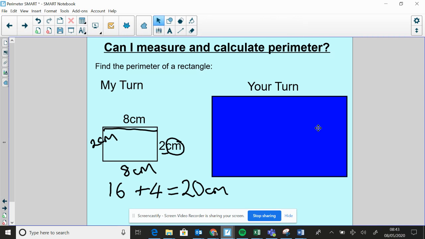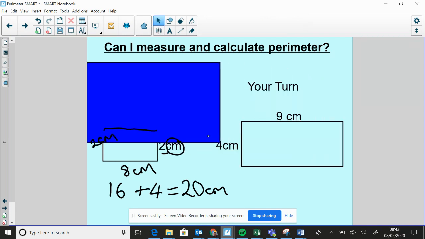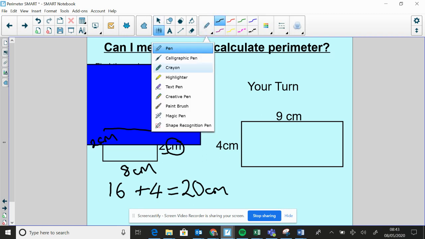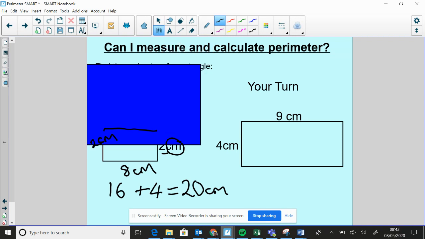Okay, guys, so have a go yourselves now with this one. Just pause the video and have a little go. If you haven't finished yet, pause it now, because I'm going to reveal the answer. So hopefully you've discovered that this length and this length are, of course, the same.